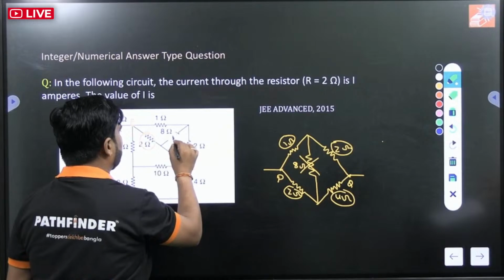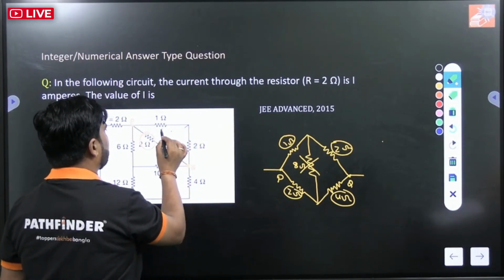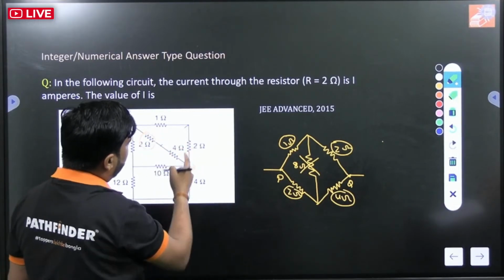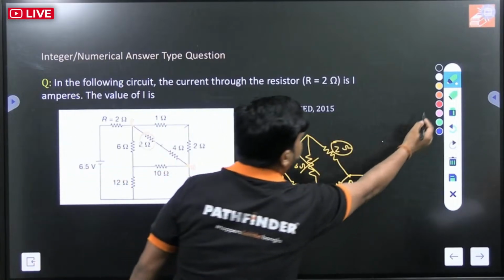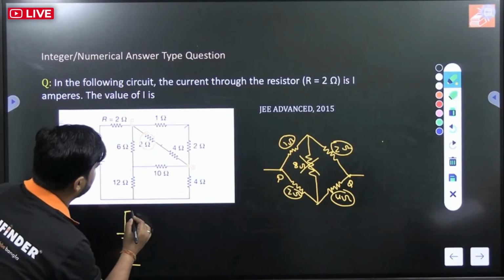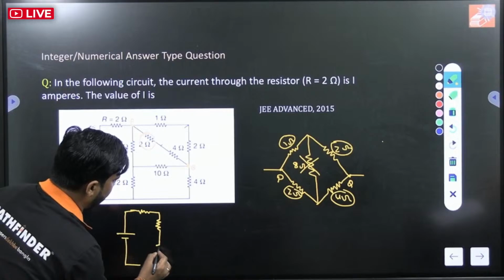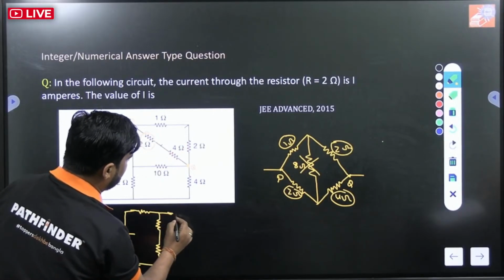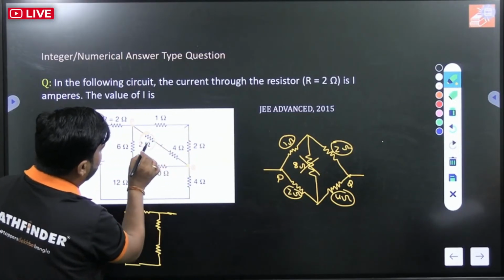Now, can you find the resistance from here to here? This will become 1 + 2 = 3, this will become 1 + 2 = 3, and this one will become 6. So let me redraw the circuit once again. It will look something like this. 1 and 2, can I combine and write 3 ohm? This becomes 3, 1 and 2 become 3, and this becomes 4 + 2 = 6.